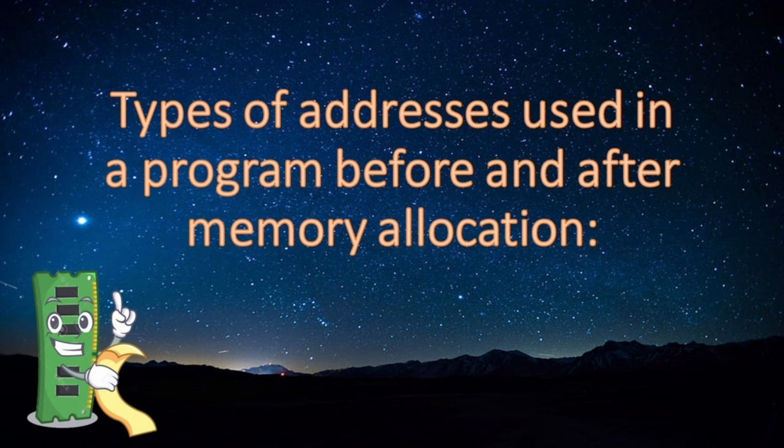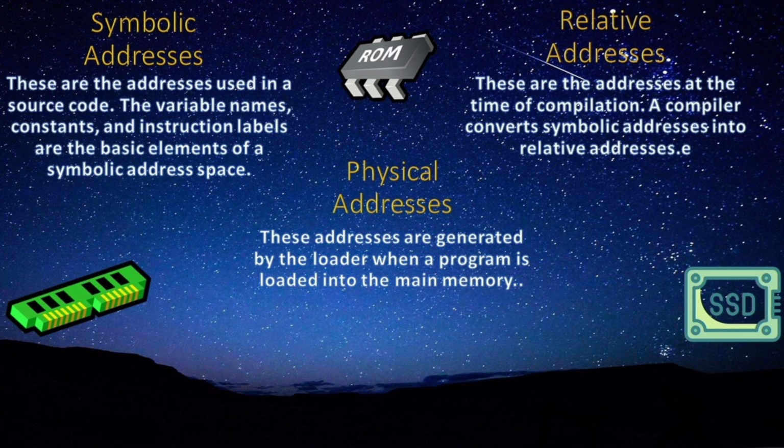Types of addresses used in a program before and after memory allocation. Symbolic addresses. These are the addresses used in a source code. The variable names, constant, and instruction labels are the basic elements of a symbolic address space.